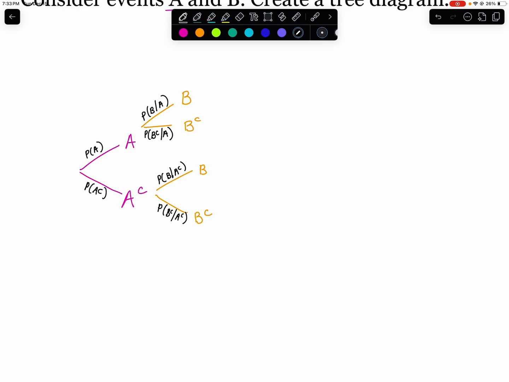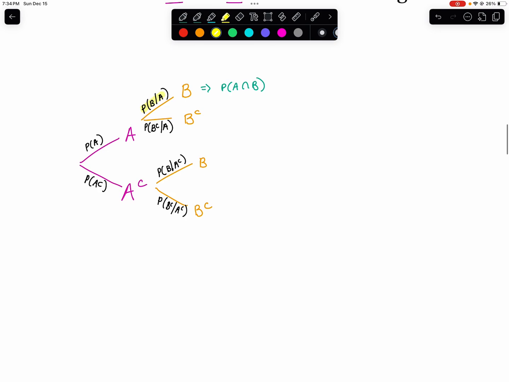So often we will want to know what the probability of A and B occurring is going to be. So I'm going to show you how you can get this. Let's take this one right here, the probability of B given A. Let's just solve that one out, okay?